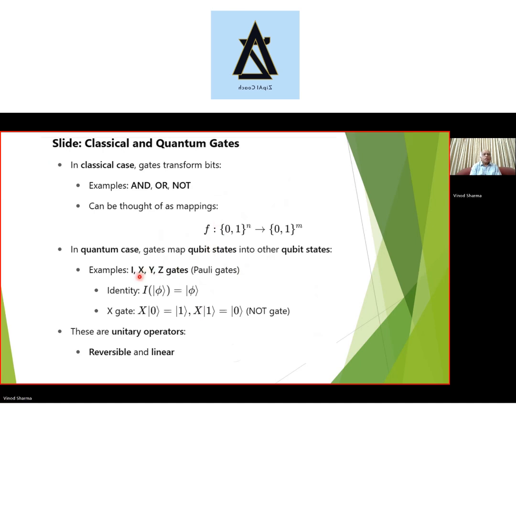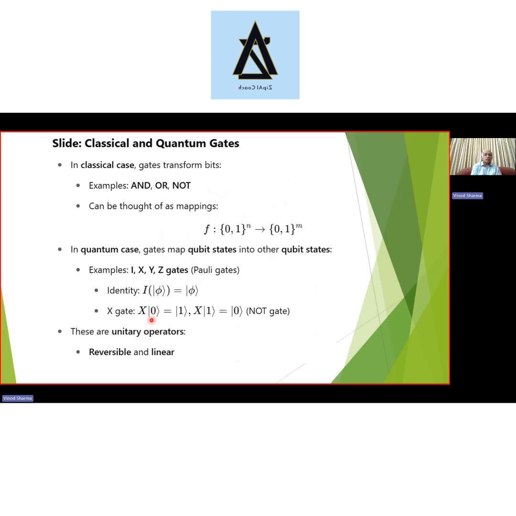So how do these gates operate? I is the identity. I operating on any qubit state will give the same qubit, so this is the identity operator. The X gate will take the 0 state and convert it to 1, and the 1 state it will convert to 0. Don't confuse these quantum 0-1 states with the 0-1 states in the classical case.